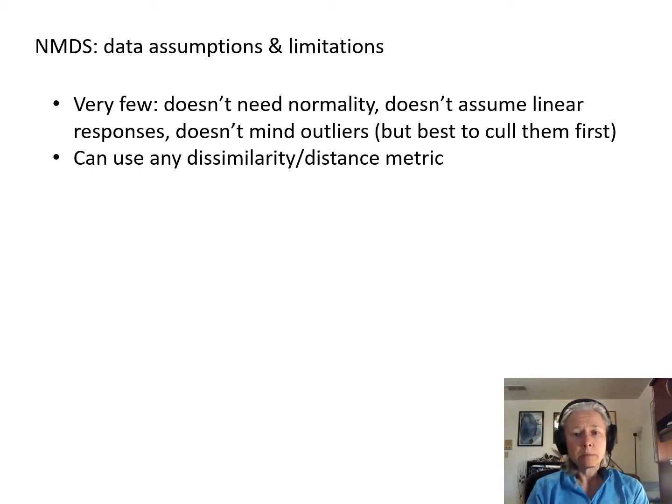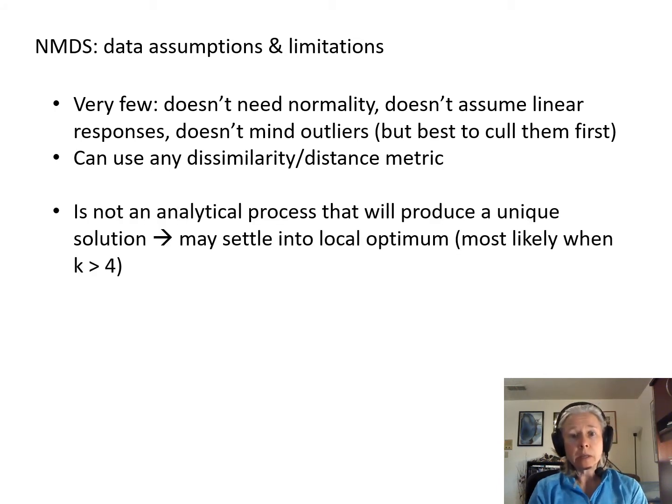However, there are some important limitations that we need to talk about. The first of these is that NMDS is not an analytical process that will get you to a single unique solution. Instead, it's an iterative algorithm where the initial estimates of positions of the samples along your ordination axes are adjusted to minimize the stress until further iterations don't see a significant improvement.